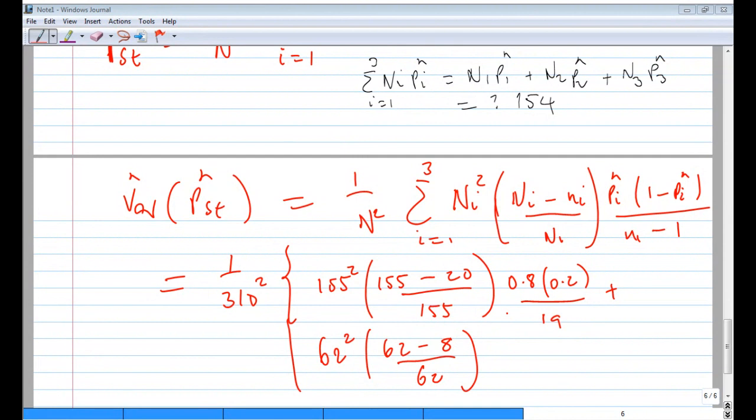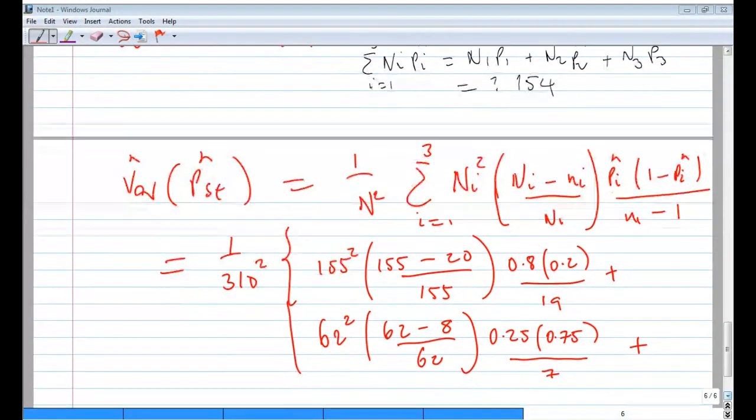Then the proportion for stratum number 2 is 0.25, so 1 minus 0.25 is 0.75. Then you divide by the sample size minus 1, which is 8 minus 1, so it's going to be 7. Okay. Then plus.